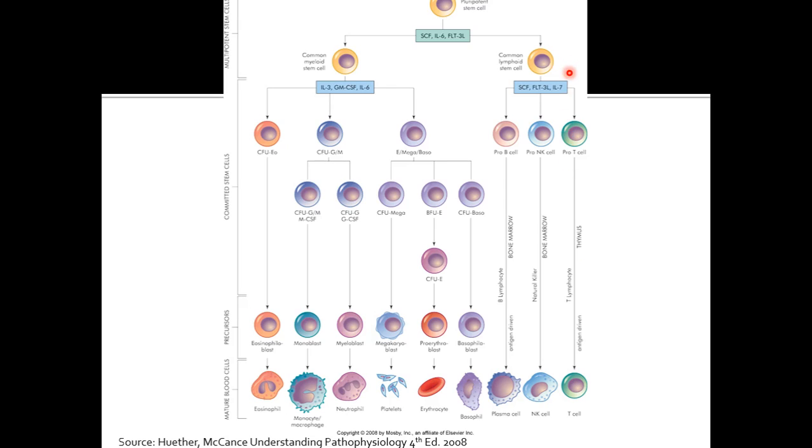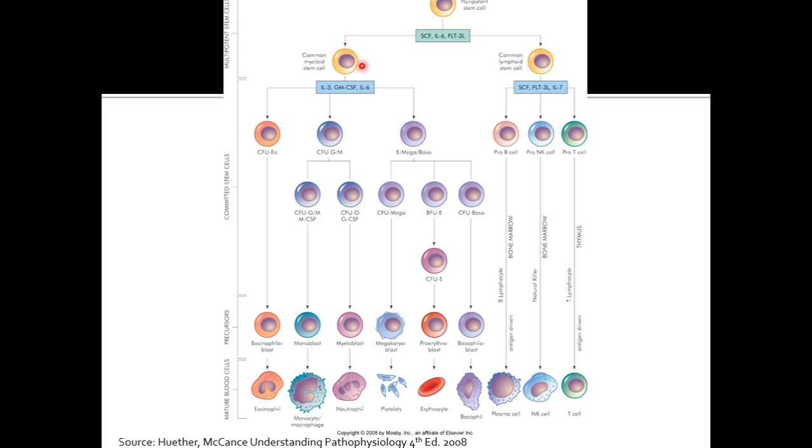So if you're worried about memorizing these characteristics, all you have to do is remember that the lymphoid stem cell gives rise to the lymphocytes. And there's only 3 lymphocytes: B cells, T cells, and natural killer cells. All of the rest of the blood cells come from the myeloid stem cell.